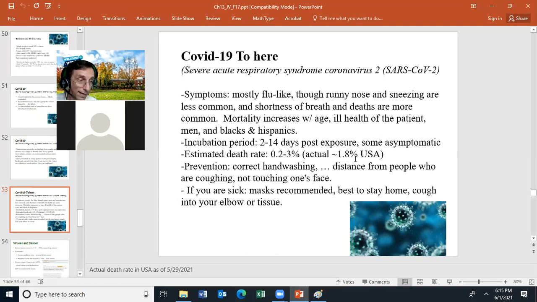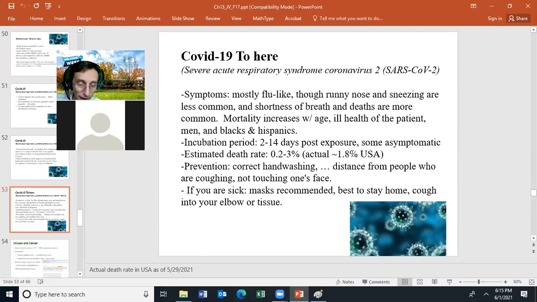Mexico has the highest death rate. I think their death rate is close to 9%. And then some European countries, and also some Middle Eastern countries, have a much lower death rate. And we're not really sure why some countries have a lower death rate than other countries.